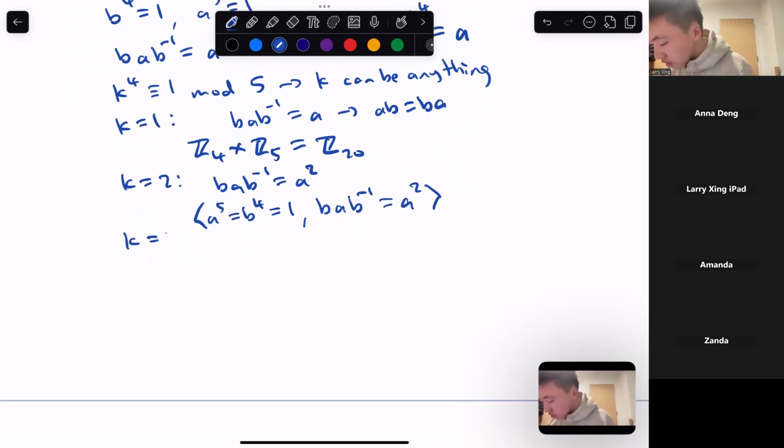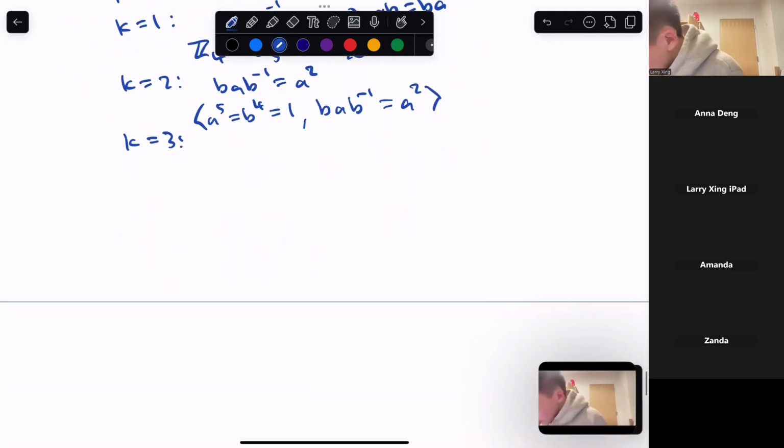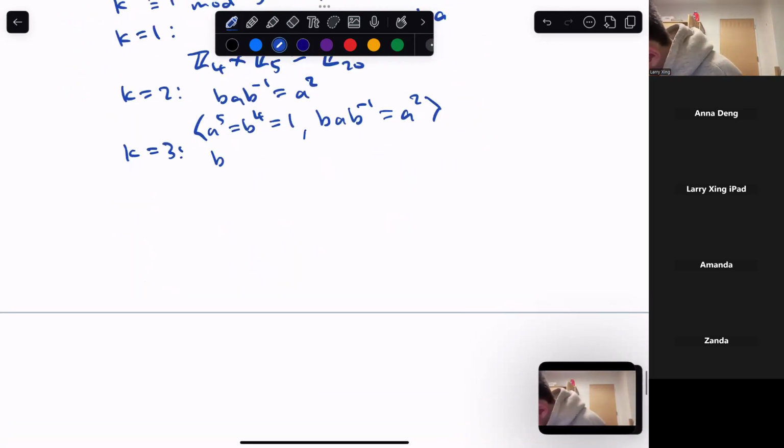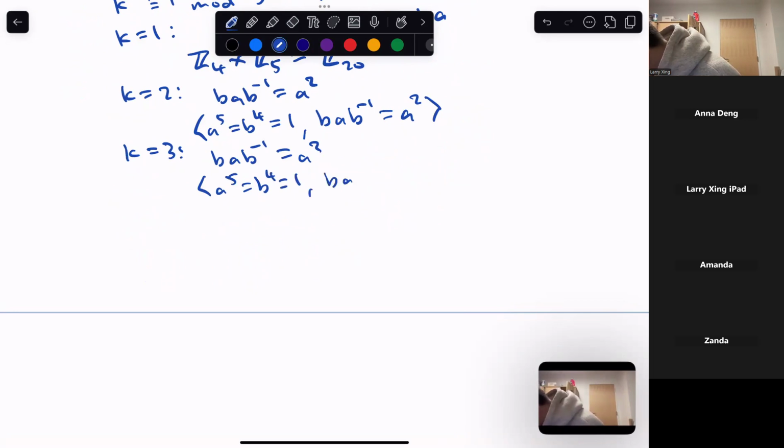K equals 3, you have b to the negative 1 equals a cubed, and then a to the 5 equals b to the 4 equals 1, so that b to the negative 1 equals a cubed.